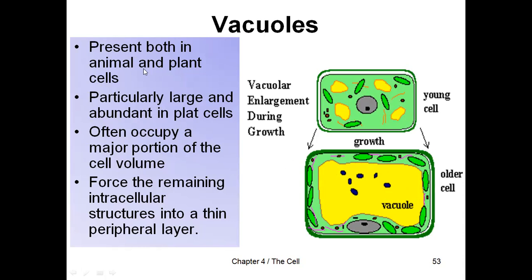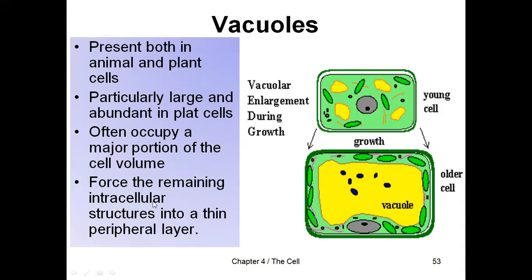It is present both in animal and plant cells, particularly large and abundant in plant cells. The vacuole often occupies a major portion of the cell volume in plants. It forces the remaining intracellular structures, the structures present inside the cell, to the peripheries.